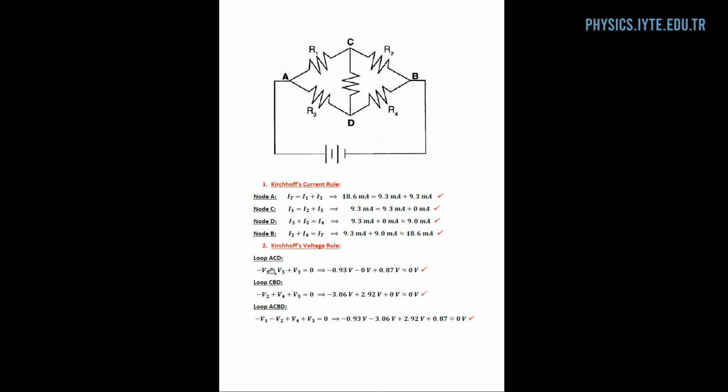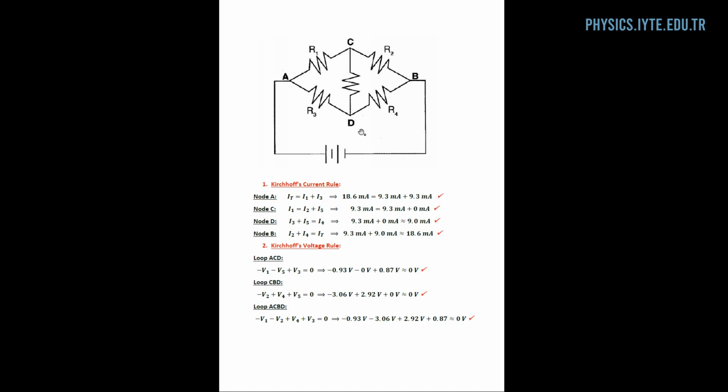We should sum them up, and their total should be equal to 0. The voltage drop V1 was 0.93 volts. Since there is no current in the resistor R5, the voltage drop should be 0, and the voltage rise from D to A is 0.87 volts. So when we sum them up, we should get nearly 0 volts. So we see that Kirchhoff's voltage rule is again satisfied for loop ACD.